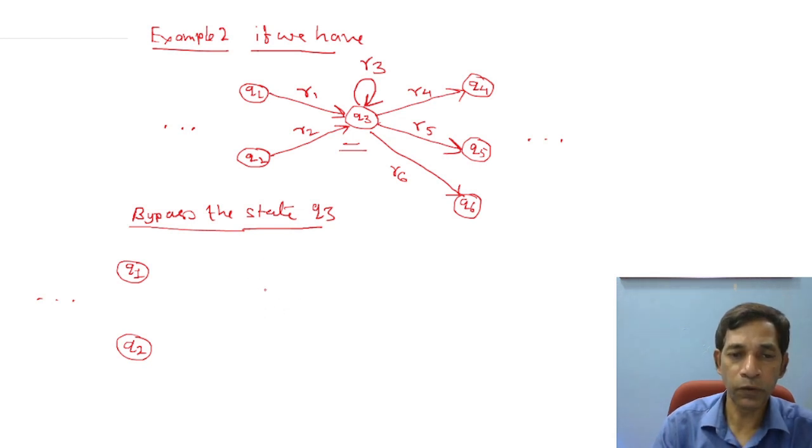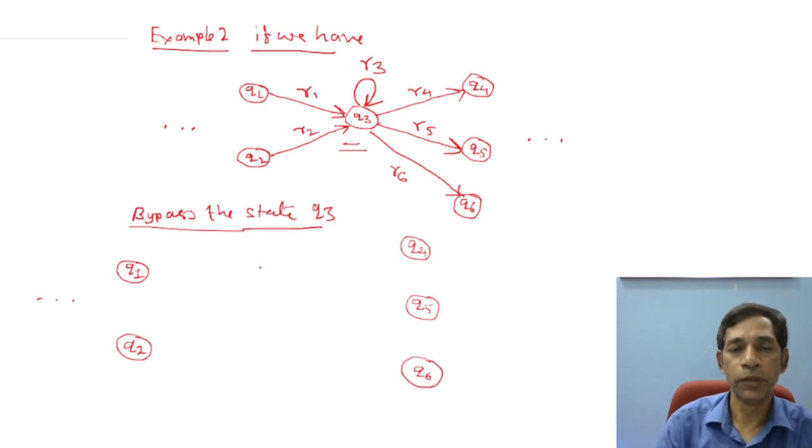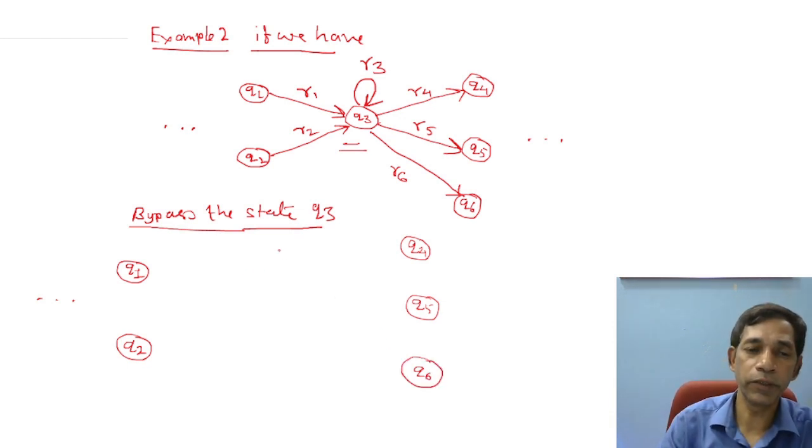Now we are going to bypass the state Q3, means we are going to eliminate it, and we don't have Q3 now. You have only the state Q4, the Q5, the Q6. So how can we eliminate the state Q3?